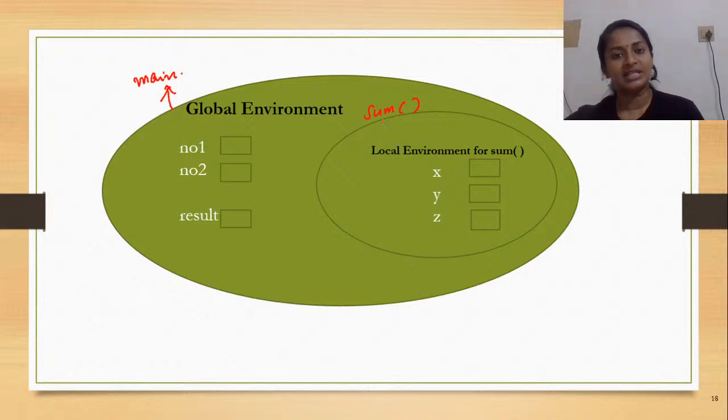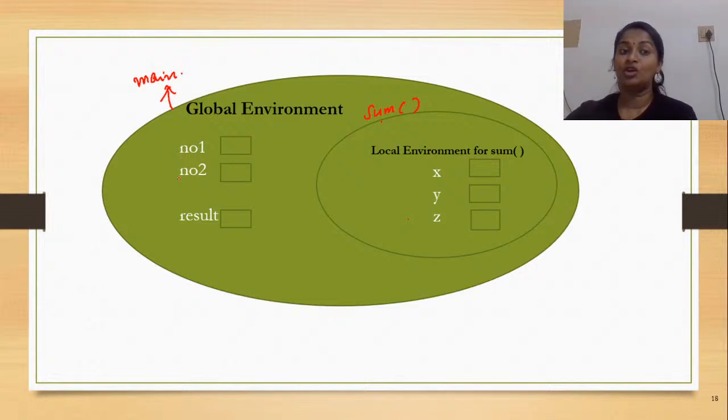Now, consider the variables inside the function sum. This would have an accessibility only within the ellipse that is shown here. So you have a local environment and you have a boundary for that. Inside the boundary, you have the variables x, y, and z. These are the variables that are used inside your function sum. Is the idea clear? All these variables have a lifetime or accessibility only within the boundary of the function sum.